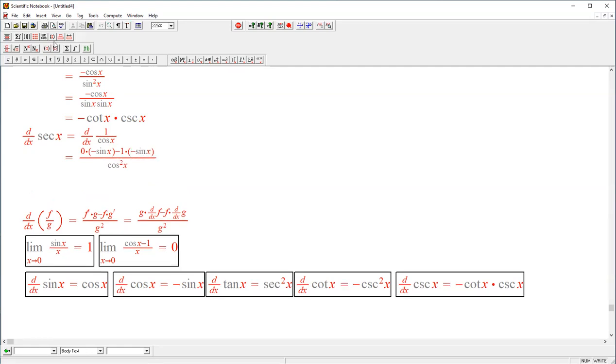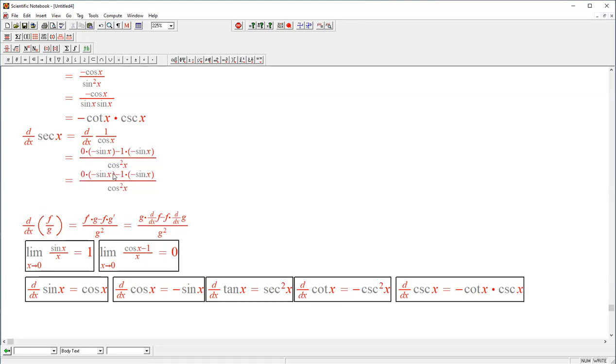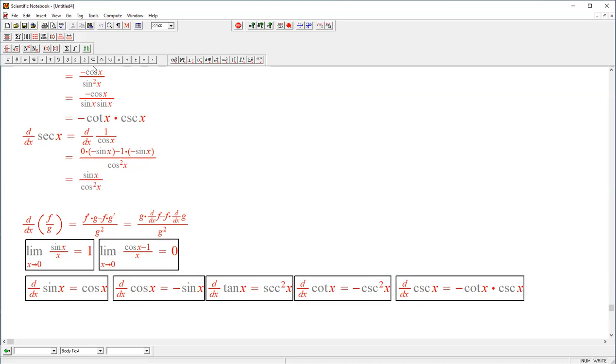So by doing this, we should be pretty familiar with these formulas. Product rule, quotient rule. Simplify. Then you can see this piece is 0, we don't have to write it down. Negative 1 times negative sine x, the top is just simply sine x. So this is another form for the derivative of secant.